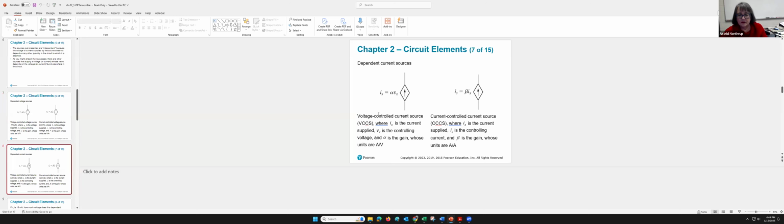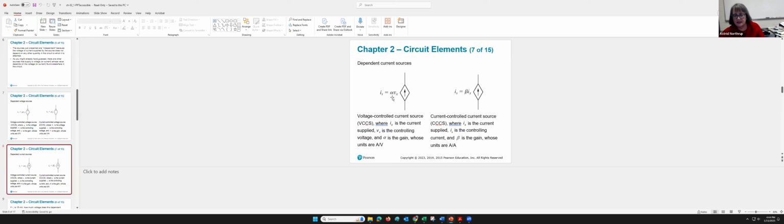All right, similarly here, we have a dependent current source. So we still have the diamond shape, but now we have an arrow indicating this is a dependent current source. So here we have a voltage controlled current source. So this variable is V sub X multiplied by some constant, in this case alpha, which is equal to I sub S, or the current supplied.